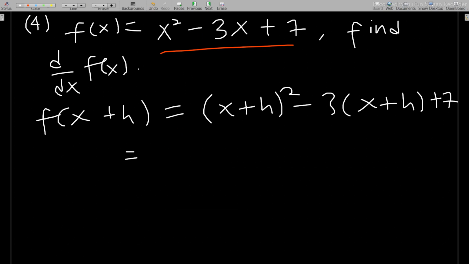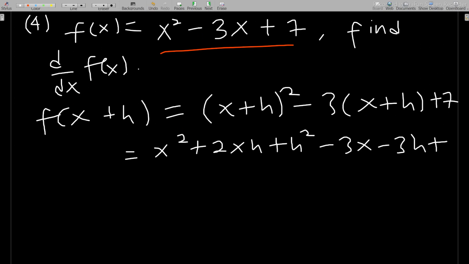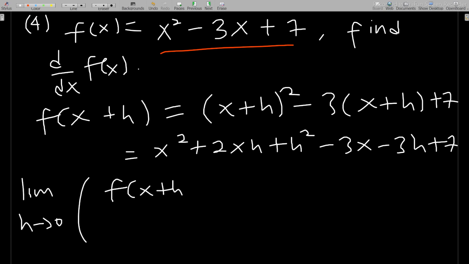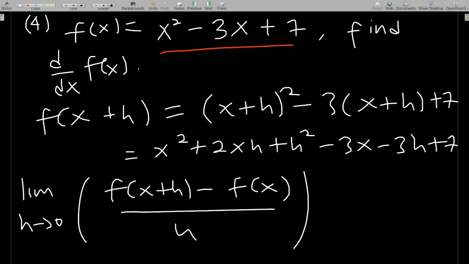So here, if I express it or simplify it, I'll get x squared plus 2xh plus h squared minus 3x minus 3h plus 7, okay? Now with this, let's try to put them here. So I have limit as h approaches 0 of f of x plus h minus f of x over h, okay?